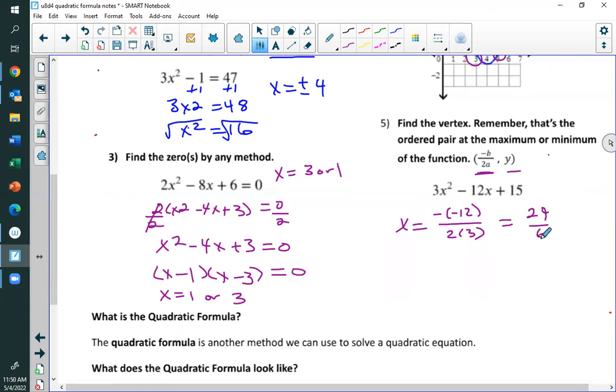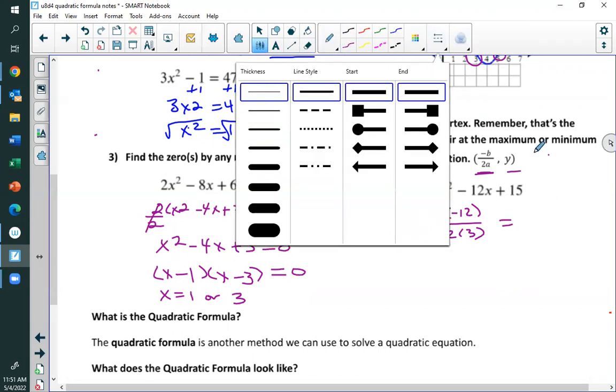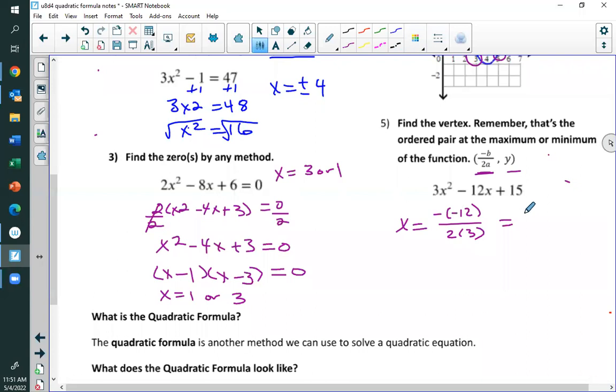That's not right. 12. Sorry, I'm distracted now. And that's okay. So negative of negative 12 is 12, not 24, over 6, and 12 divided by 6 is 2. All we figured out was the x part of our ordered pair.